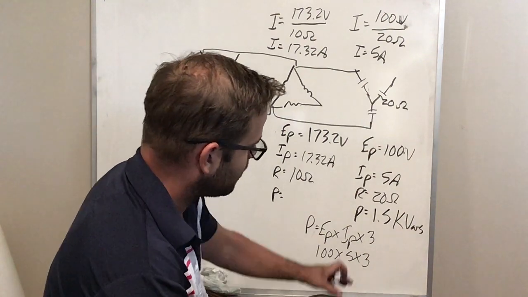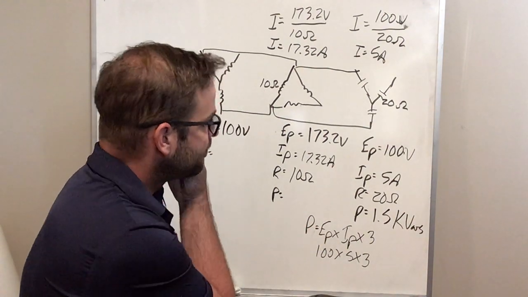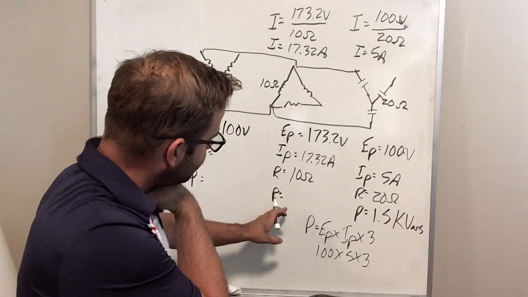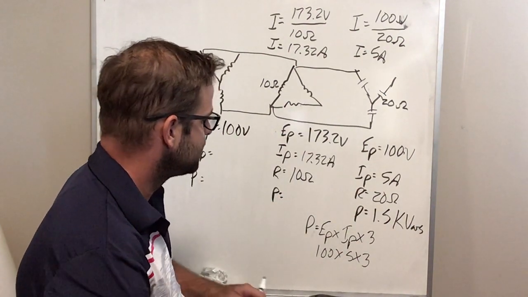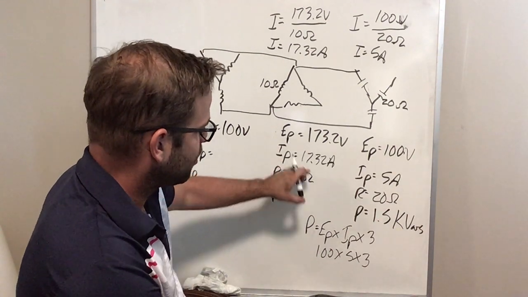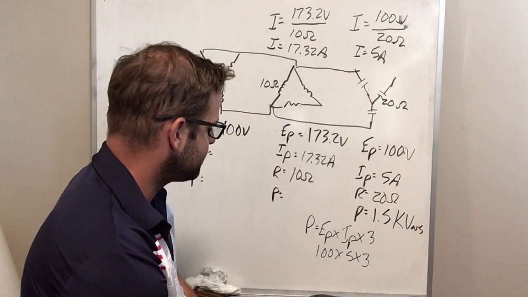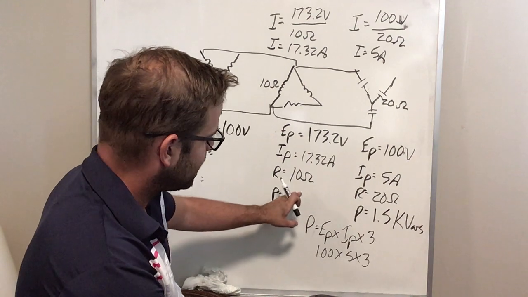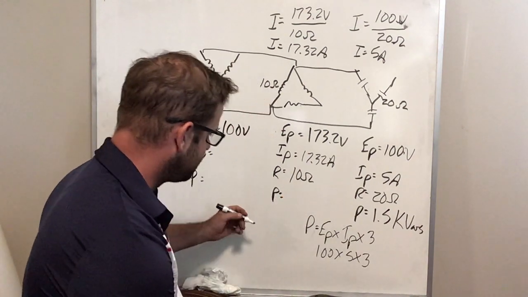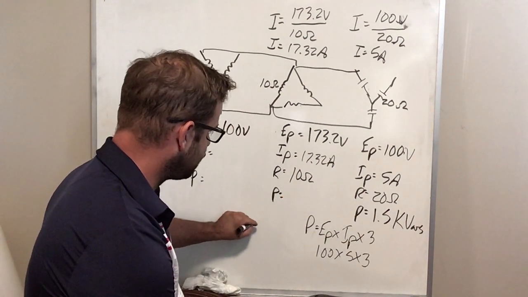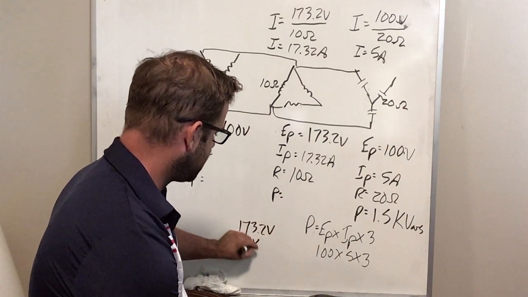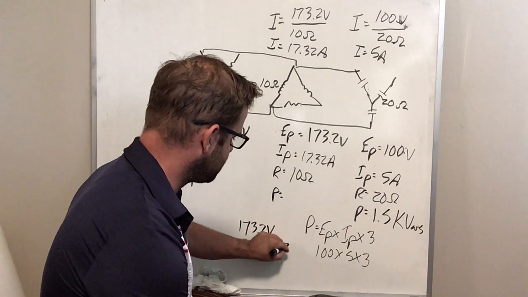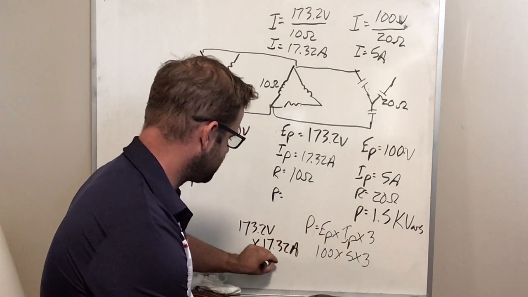Alright, so 1.5 kVARs. When we come over to this one here, we have 173.2 volts per phase. My current is 17.32 amps, and if we do the same thing, we have 173.2 volts times 17.32 amps times 3.